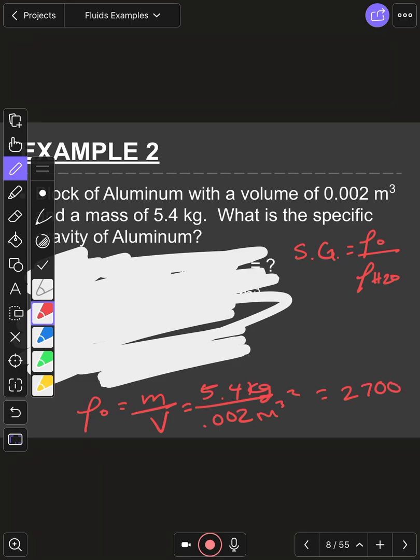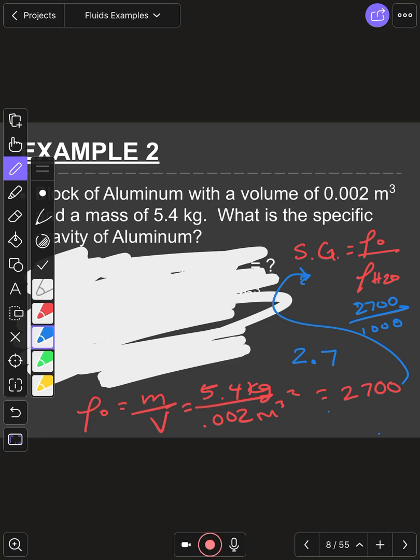I already know the specific gravity then would be 2.7 because I know to divide that by 1,000. But if you want to plug it into the original equation, you can do that: 2700 divided by the density of water, which we have memorized to be 1,000. 2700 divided by 1000 is 2.7.